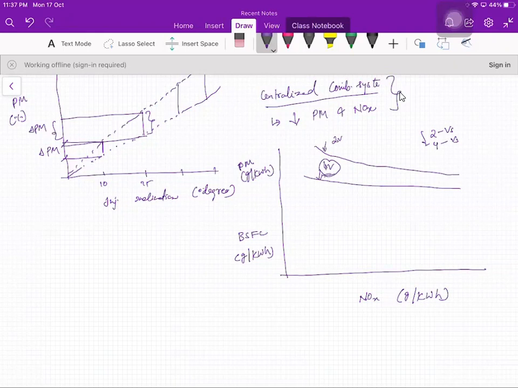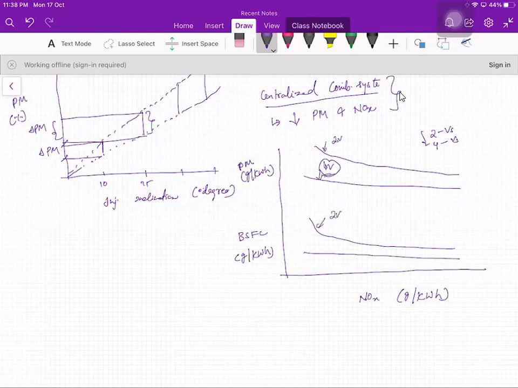The same if you take brake specific fuel consumption: your two valve will have a sudden drop and then remain the same. But your four-valve engine will be mostly a straight line.